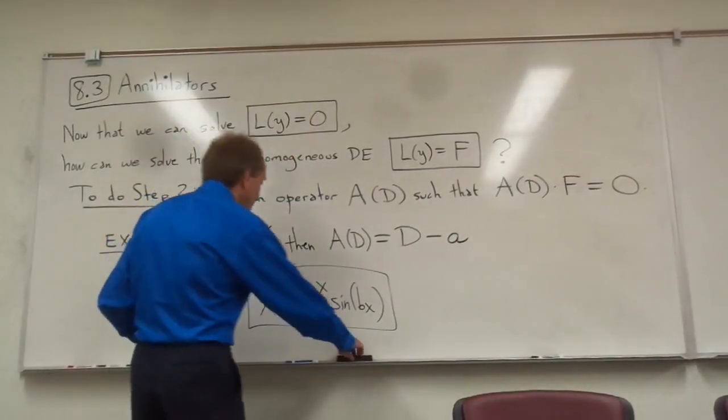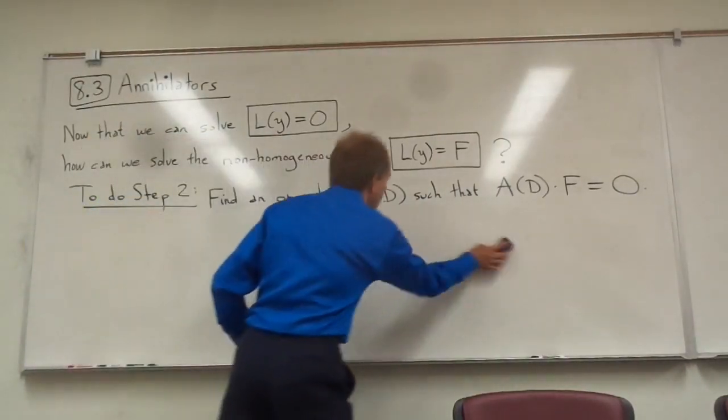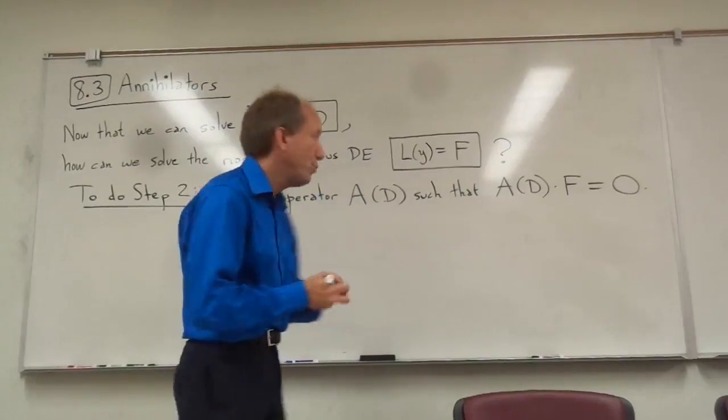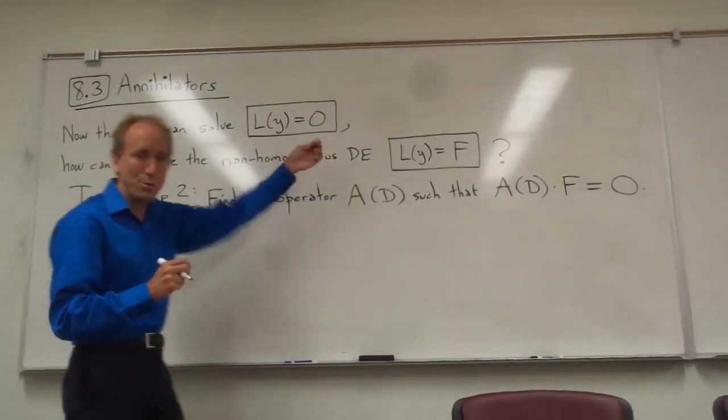Okay? The other thing I wanted to mention is that if you have a sum of two functions, so one last thing here, and then we're going to see how this can be used to do step 2.